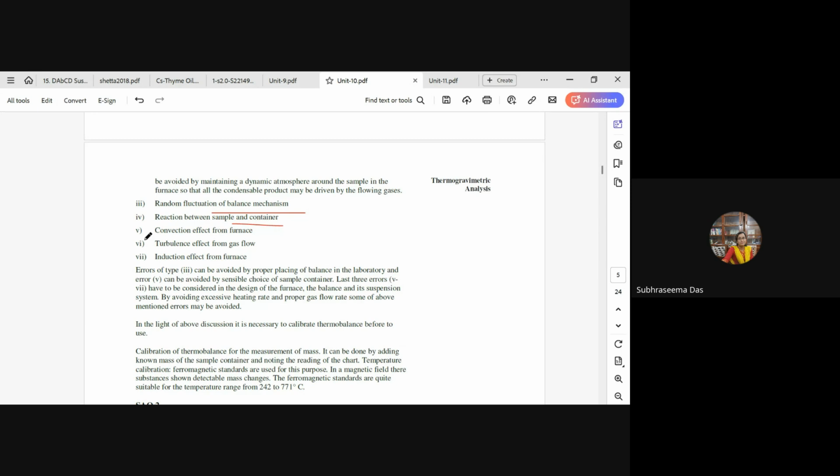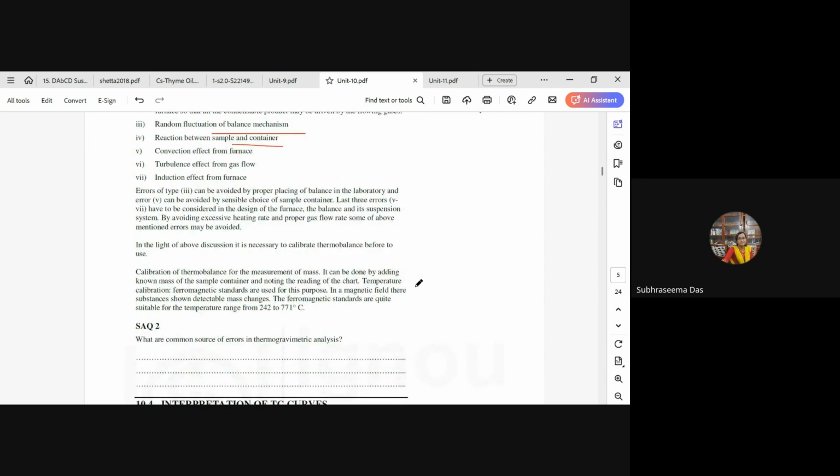The last three errors, that is 5, 6, 7, have to be considered during the design of the furnace and the balance. So these man-made errors can be removed during the design process, and the other errors can be removed with proper handling and care.